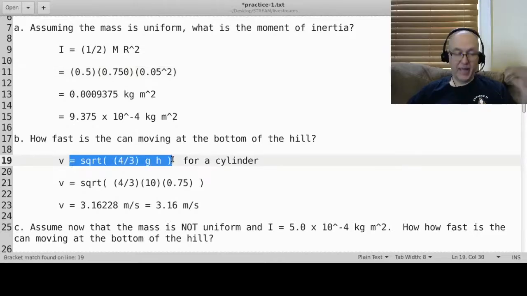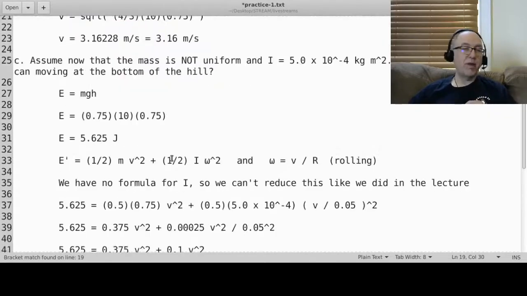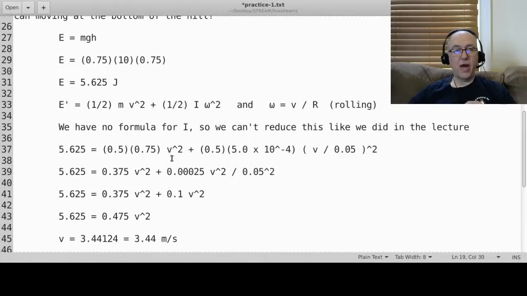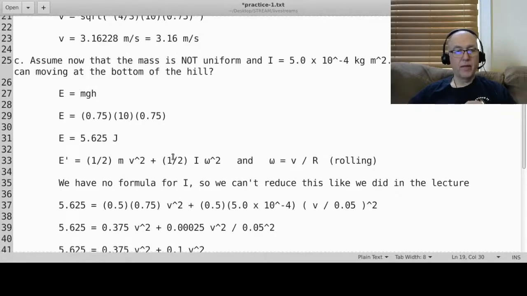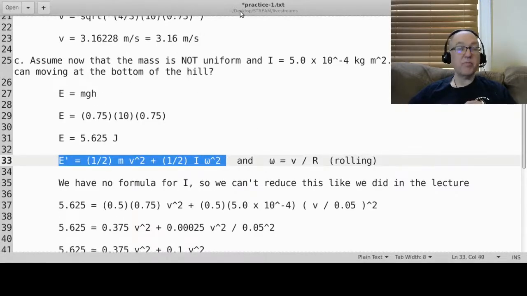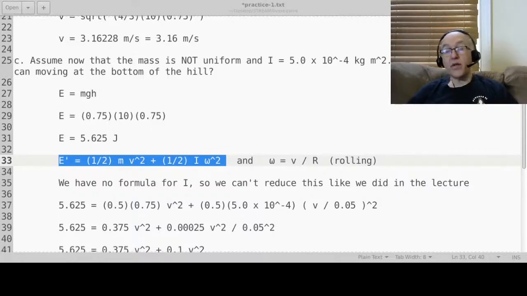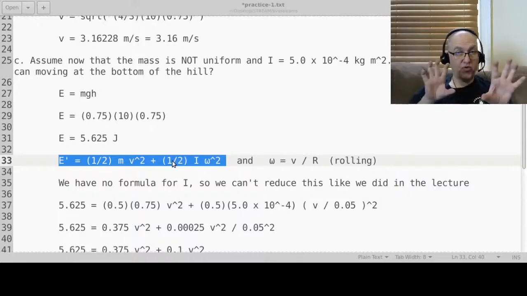this for your final answer for the velocity, but we don't. That's why we have to reproduce everything that I did in the pre-recorded lecture, but do it in general for just a general value of I. The only other things you need to know: one, that the kinetic energy is both translation and rotation.